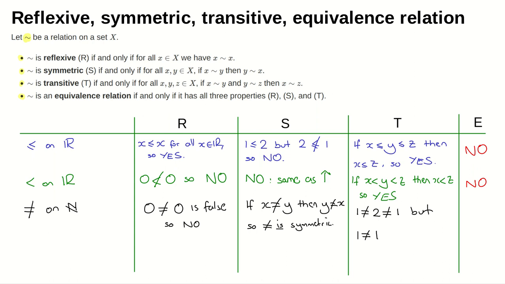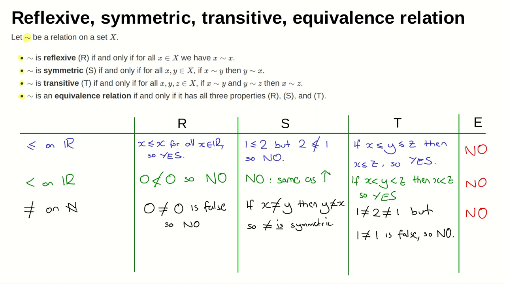So, this is false. So no, the not equal to relation is not transitive, at least not on the set of natural numbers. So again, we do not have an equivalence relation, because to be an equivalence relation you must have all three properties R, S, and T.